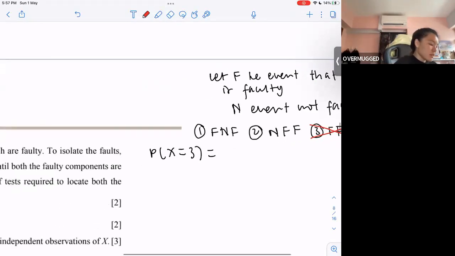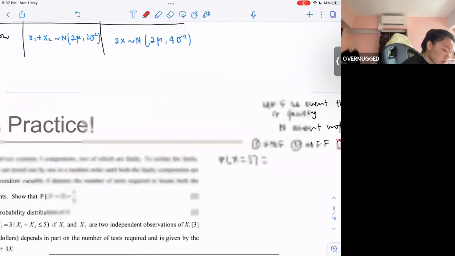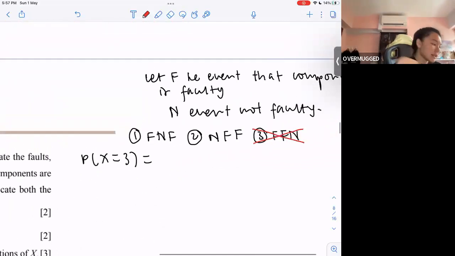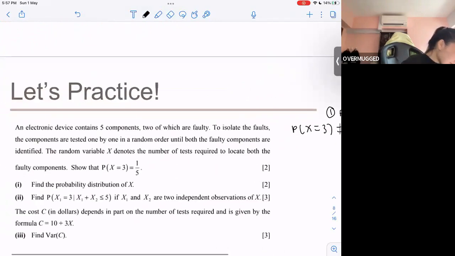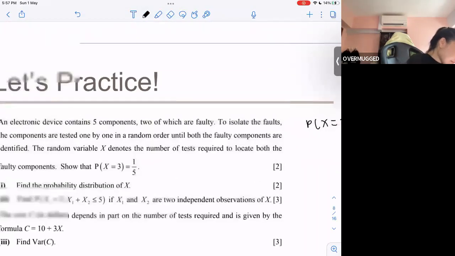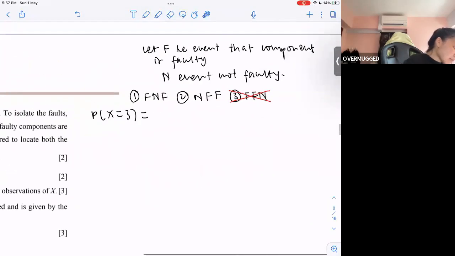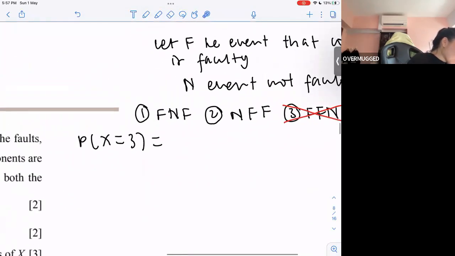So for the probability of x being 3, I'm only looking at these 2 cases. And then what would my probability be? The probability: 2 of the 5 components are faulty, so I have 2 faulty and 3 not faulty.